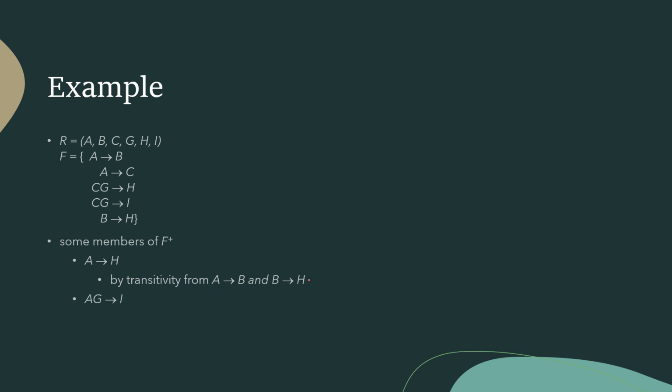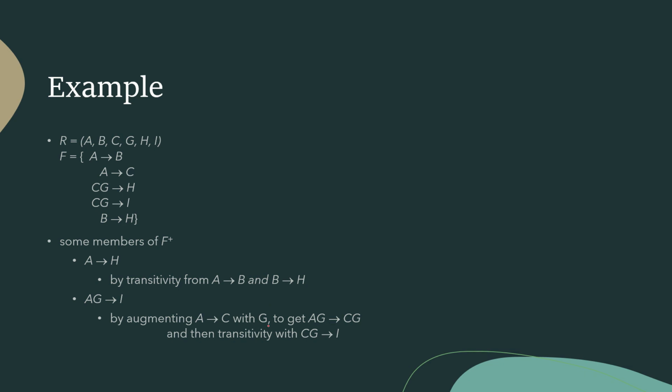The next one we can create is AG implies I. How is this created? We know the second rule: if alpha implies beta holds, then gamma alpha implies gamma beta. So A implies C is already there, and we are just adding G to it.